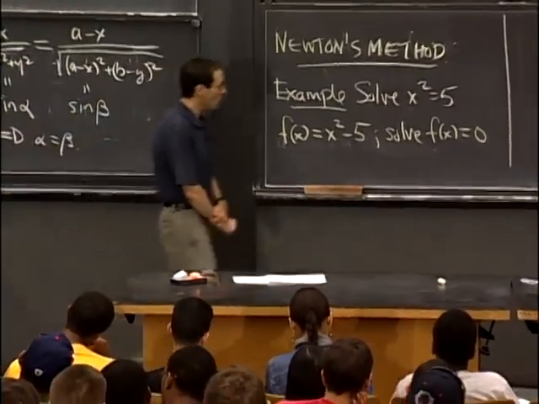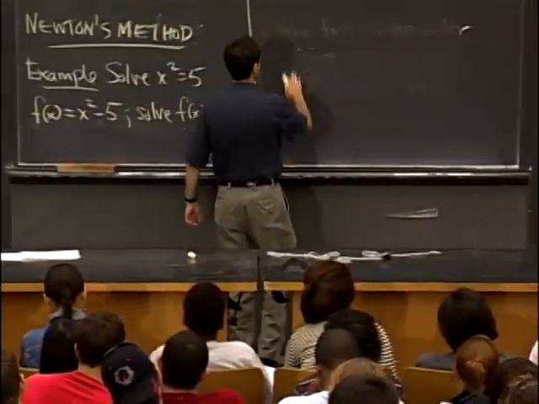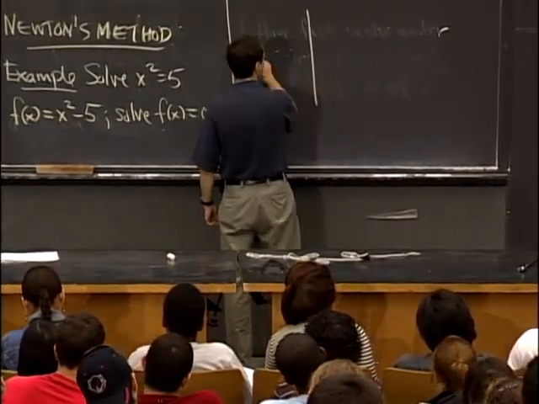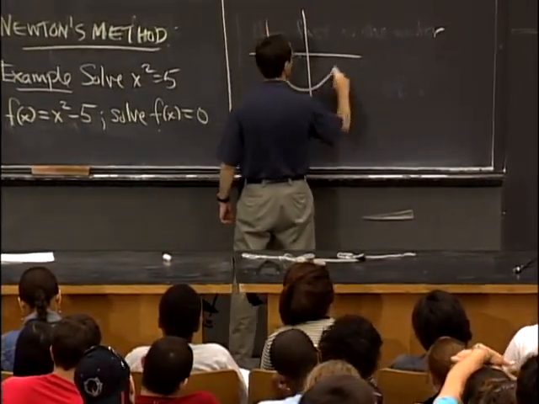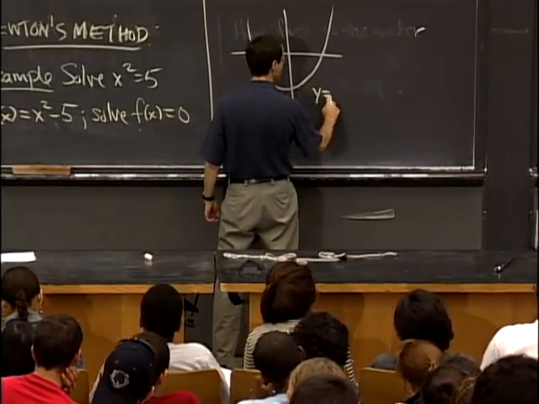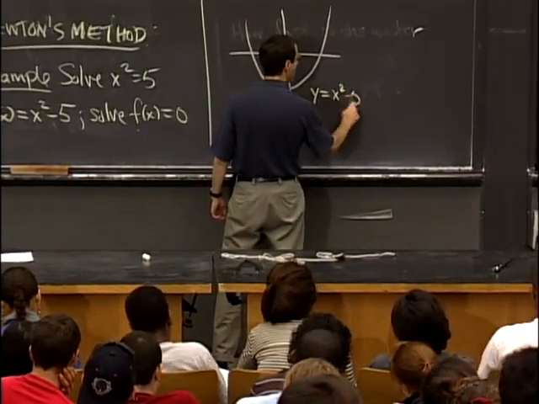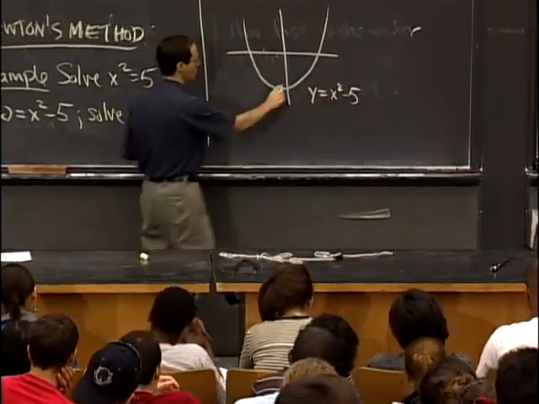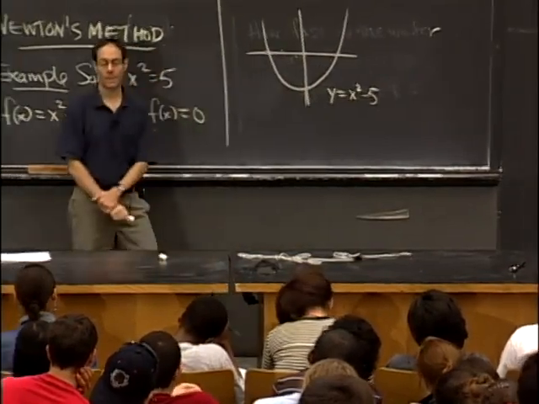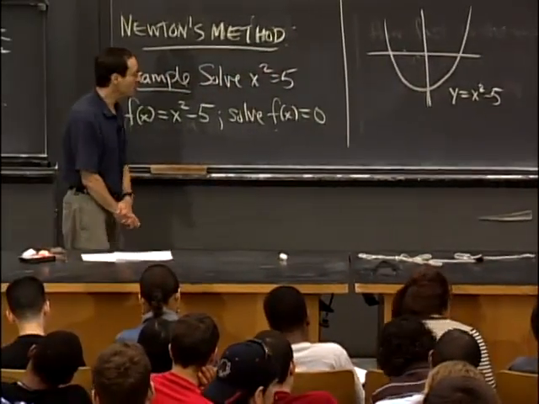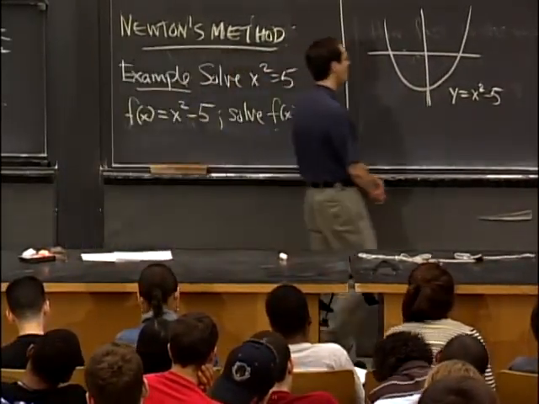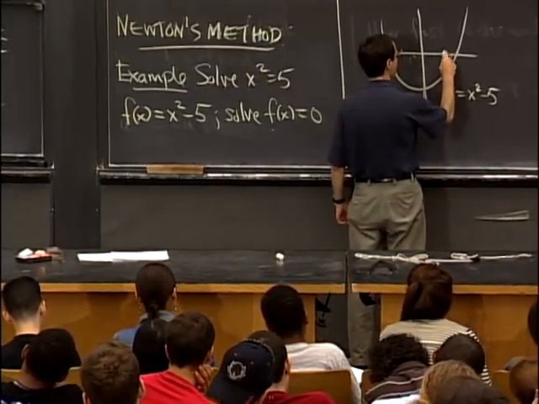So here's how it works. The idea, I'll plot this function. Here's the function. It's a parabola. y is equal to x squared minus 5. It dips below 0. Sorry, it should be centered, but anyway. Okay? And now the idea here is to start with a guess.